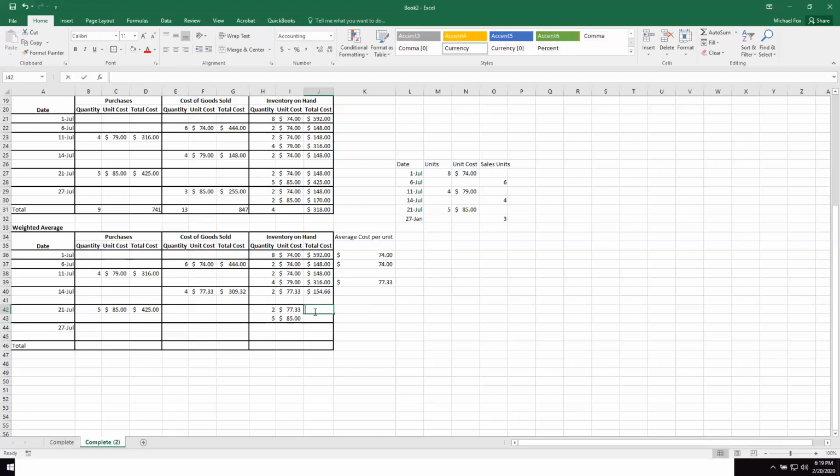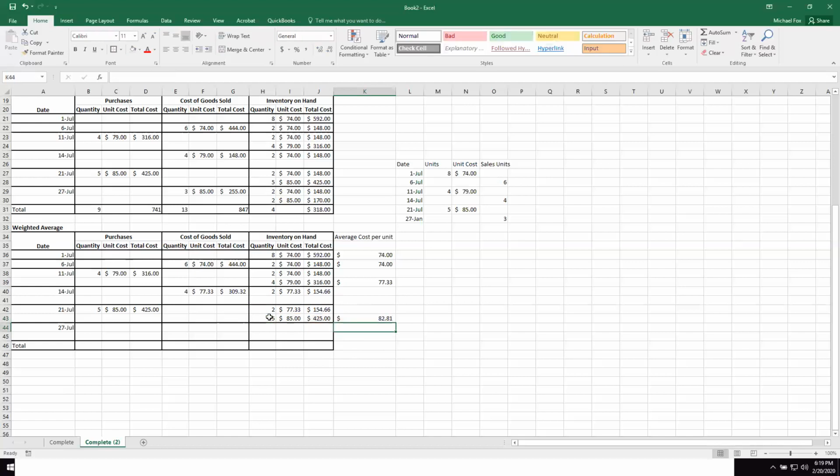Again, we'll figure out our total cost. And our new average cost is going to be the cost of the $77.33 units plus the cost of the $85 units divided by our total number of units. So the number of $77.33 units plus the number of $85 units.